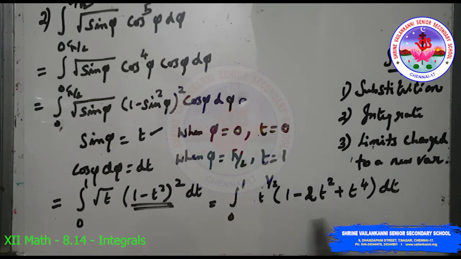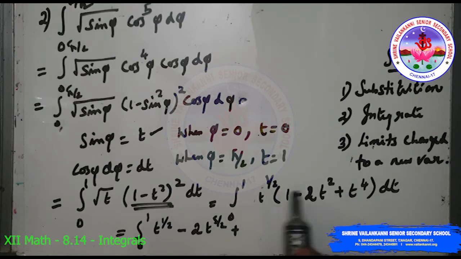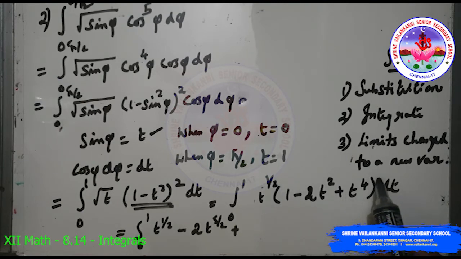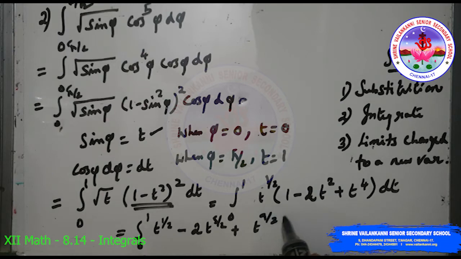Multiplying into this, we get integral 0 to 1 of t power half minus 2 into t power 5 by 2 plus t power 4 plus half, which is t power 9 by 2, dt.